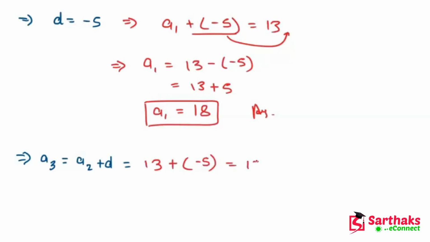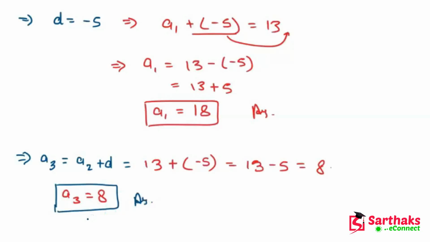So we get 13 minus 5, which will be 8. So A3 is 8, and we have A1 and A3, which is the required answer. I hope you understand this point. So now let's move on.